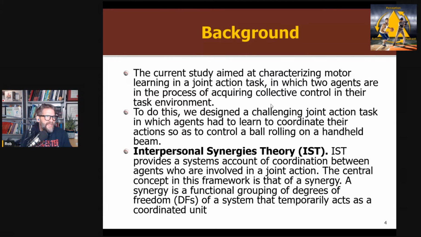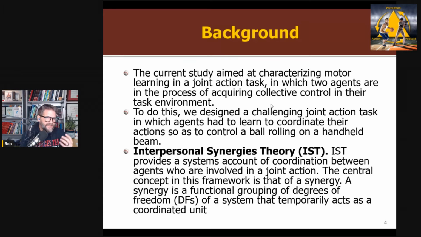So they're going to look at the learning of a joint task in which two agents are requiring collective control in a task environment, right? They use a joint action task I'm going to show you in a second, which involves rolling a ball across a beam. And what they're proposing is based on, I think it's Riley who first proposed the interpersonal synergies theory: the idea that across the system, we're going to develop synergies, right?